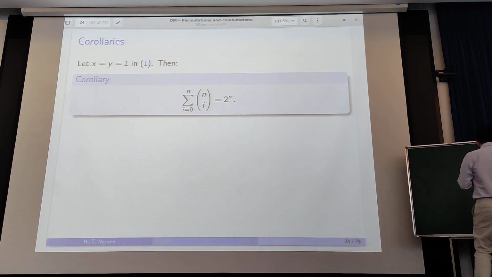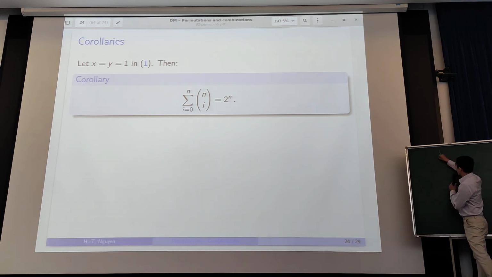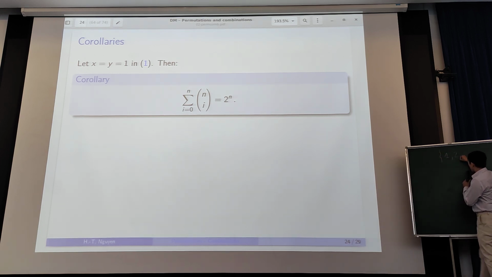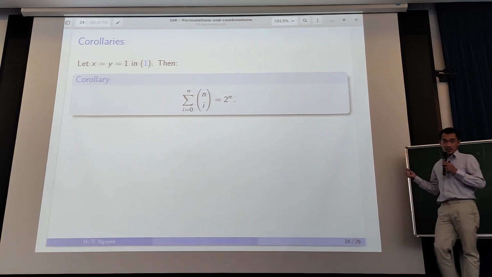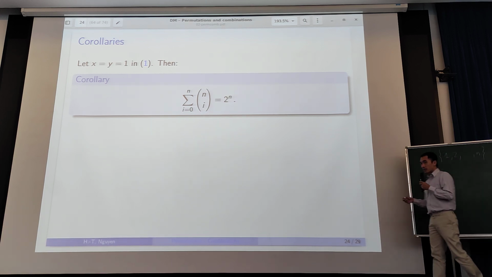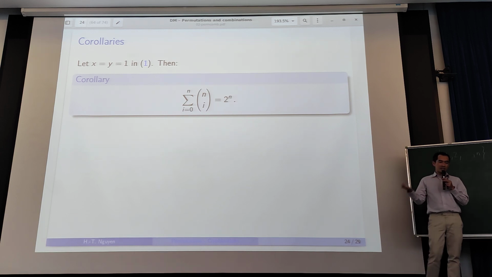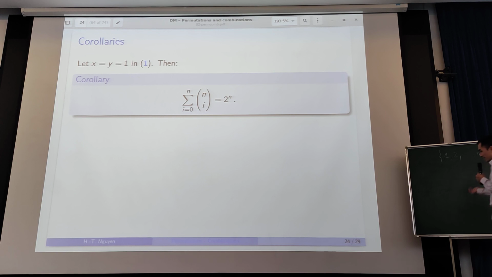Okay? So if you consider a set of n elements, let's say, without loss of generality, we want to count all the subsets of this set. So we will classify the subsets by size.